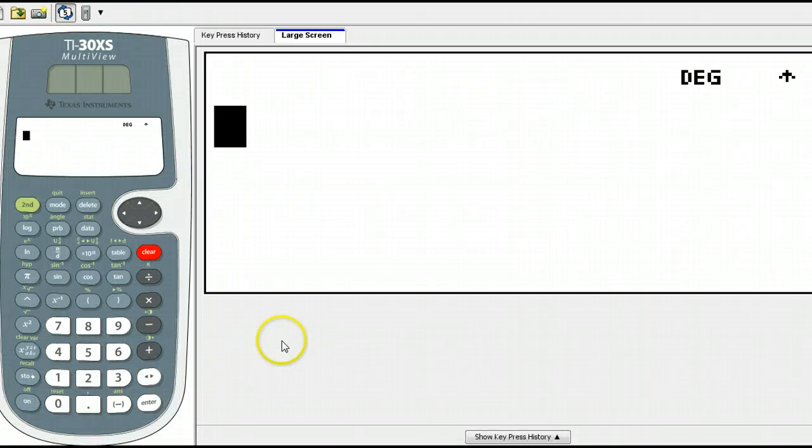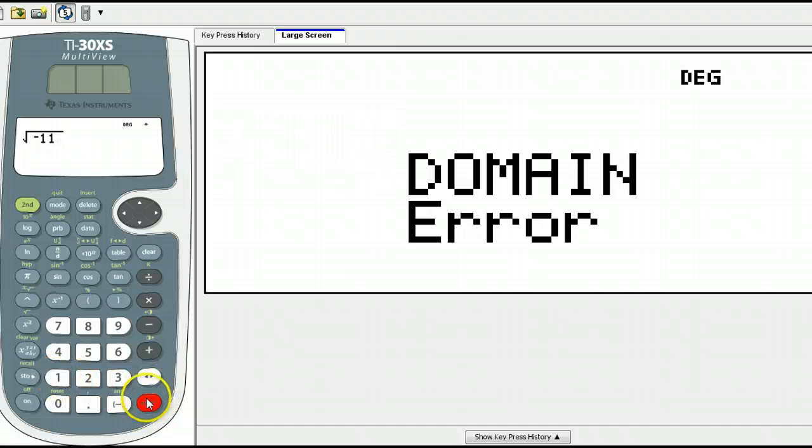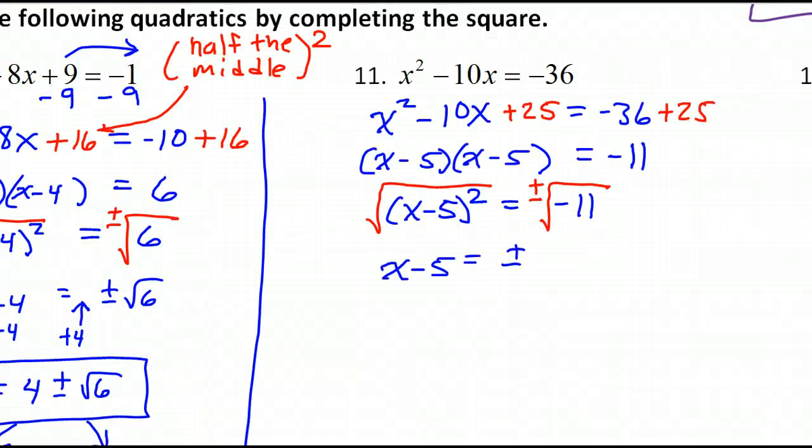Tell you what's happening here. I had to turn on my TI-30 XS MultiView. I just wanted to show you that if you try to take the square root of a negative number, oh, domain error, wah wah wah, didn't work. But in your brain you must remember that if you take the square root of a negative number, that's imaginary.